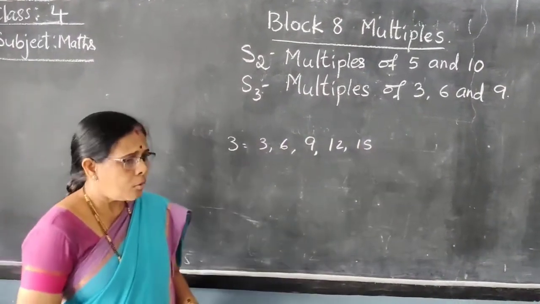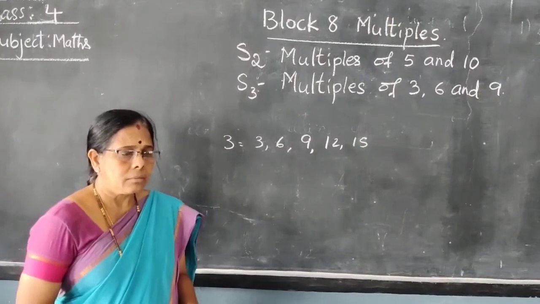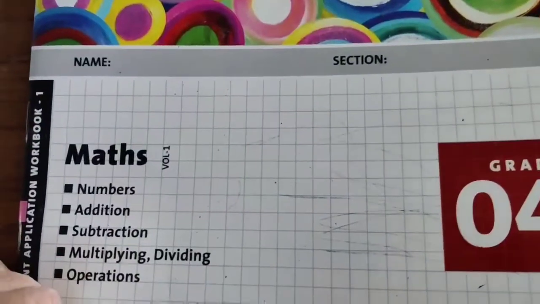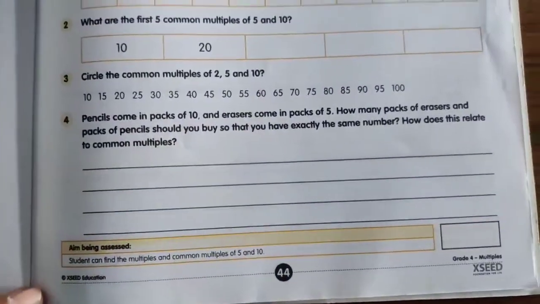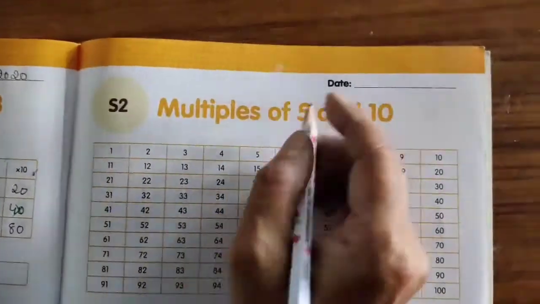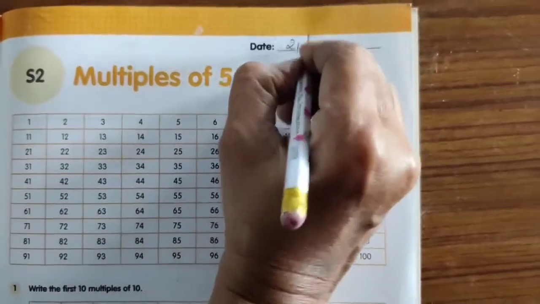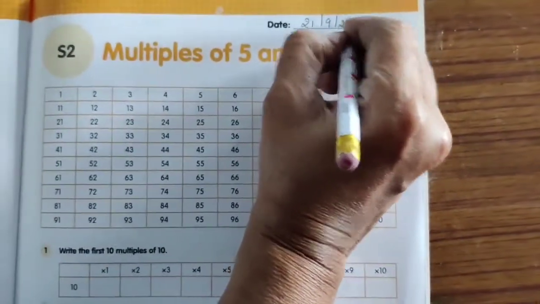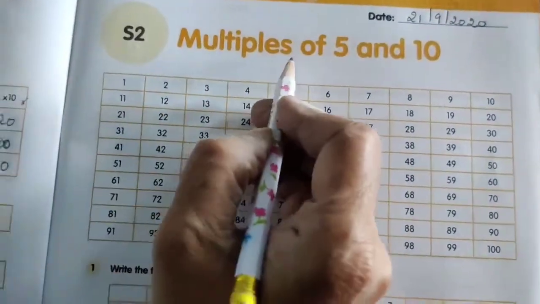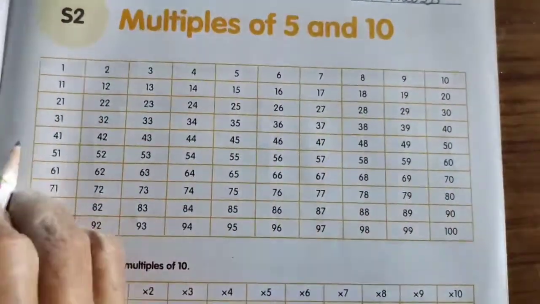Now take out your workbook, children. Open your workbook, page number 44. Write the date, 21st 9 2020. S2, multiples of 5 and 10.